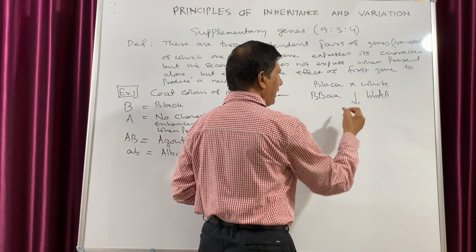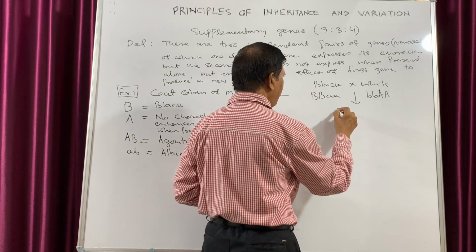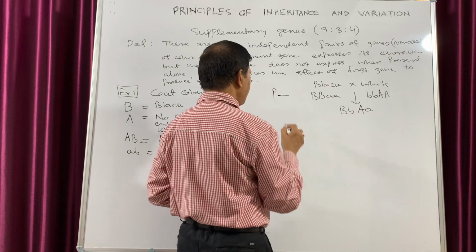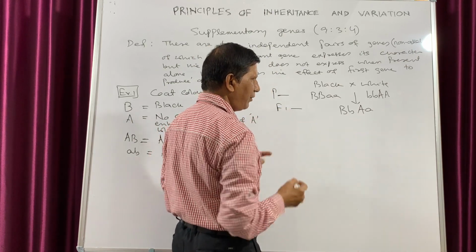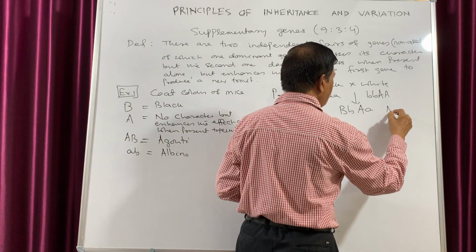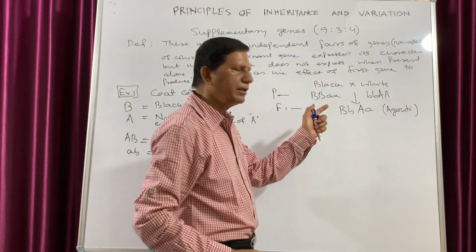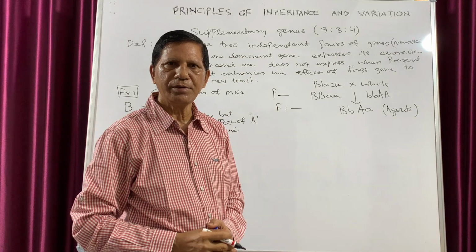Now, what will be the hybrid? The hybrid will be capital B, small b, capital A, small a. This is the F1 hybrid, and the F1 hybrid becomes agouti, because both the dominant genes A and B are present.